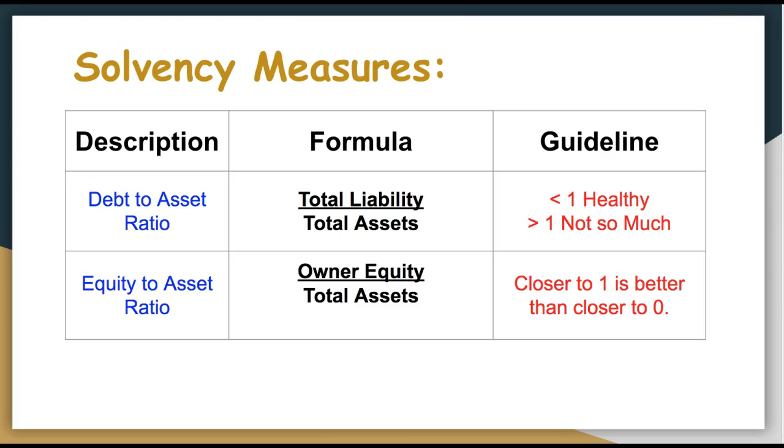Close to 1 is better than closer to 0, and it's going to fall between 1 and 0 in these cases. I wanted you to perform these within homework assignment 2 on these balance sheets. Okay? So that's what I want you to do for this week.